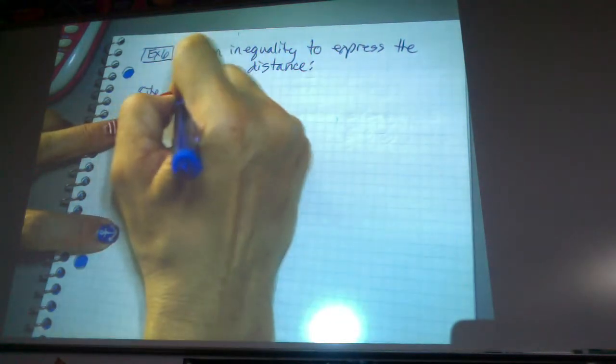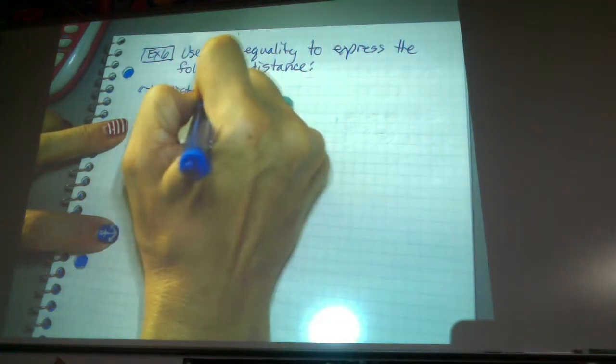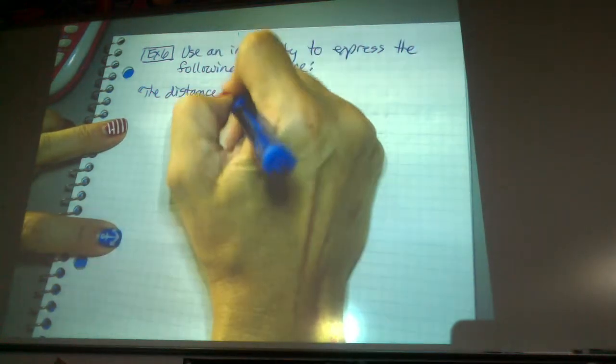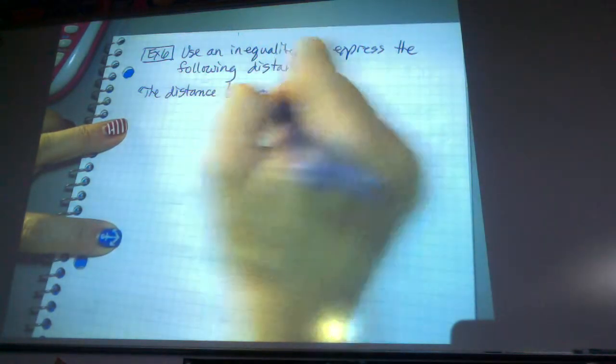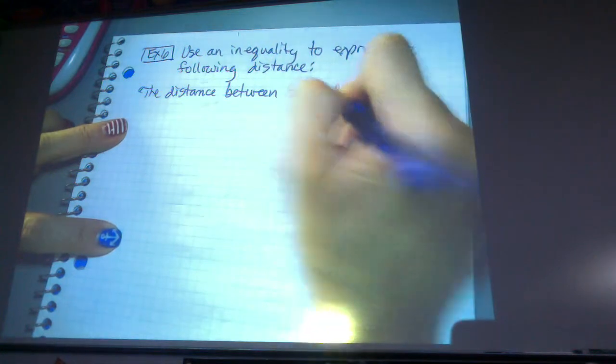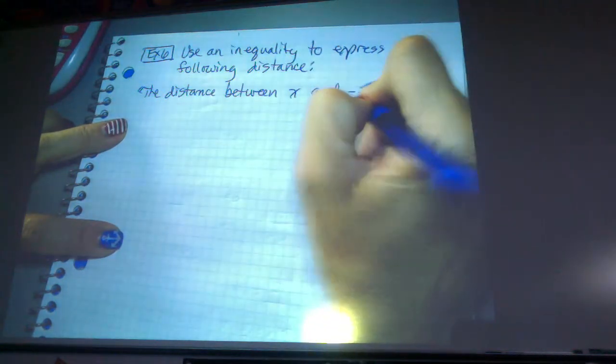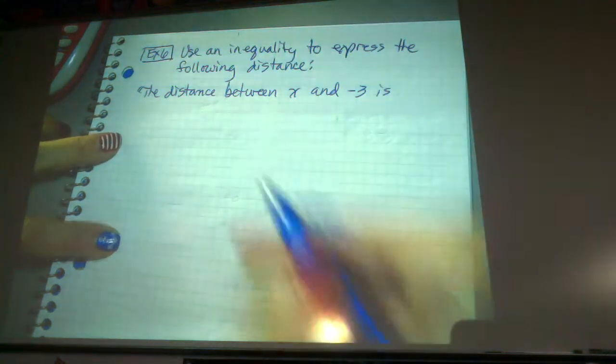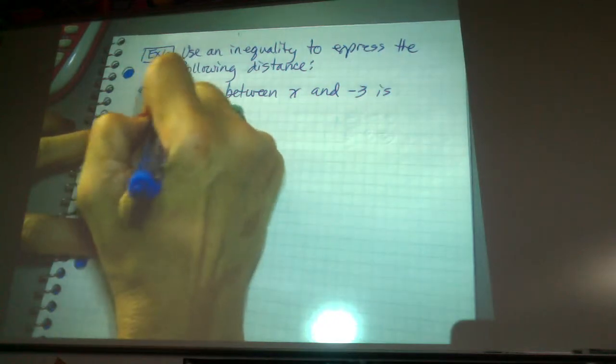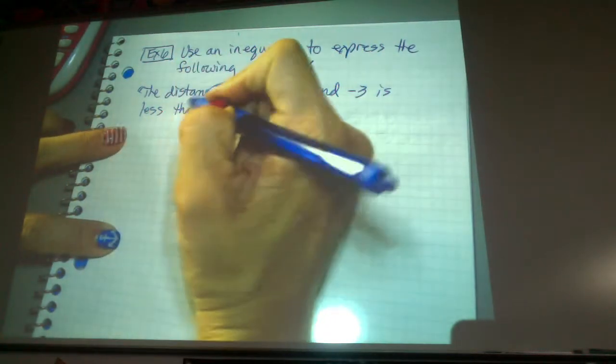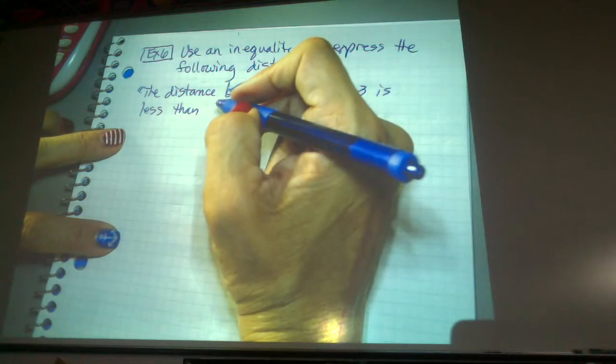The distance between x and -3 is less than 9.